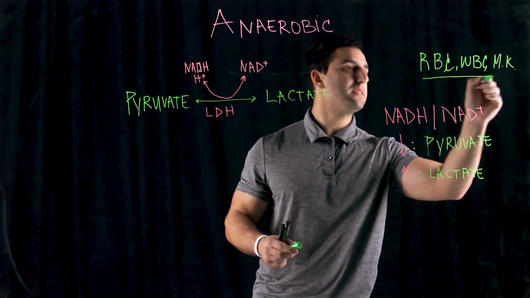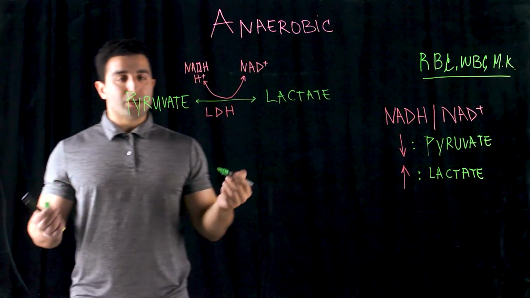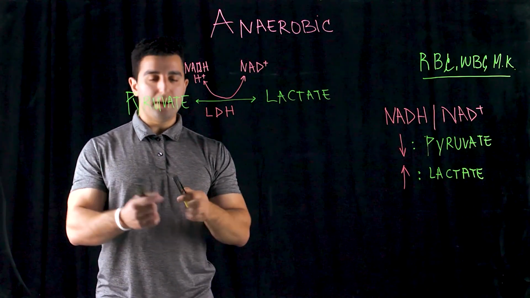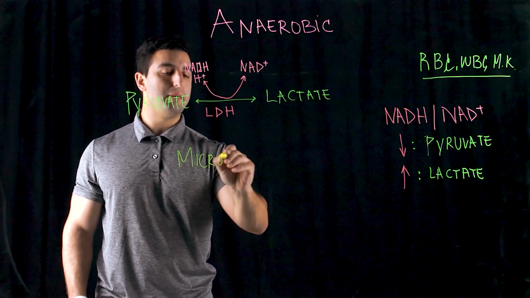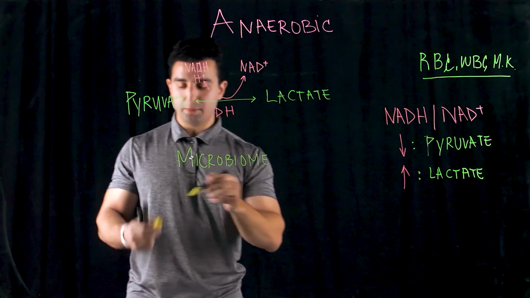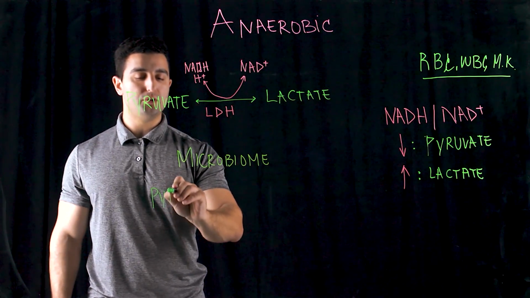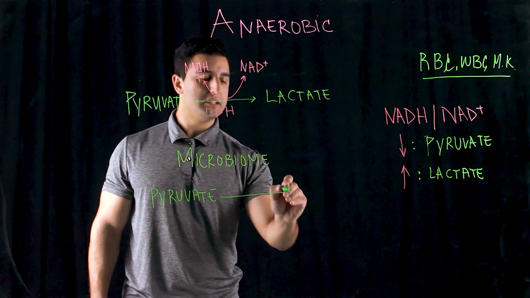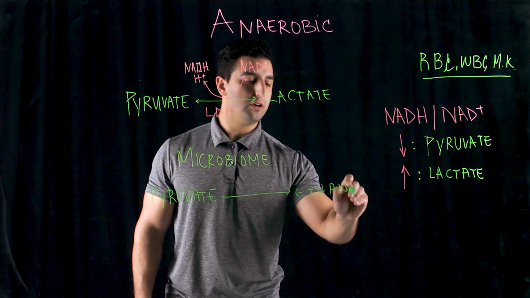You see it in specific cells, like red blood cells and white blood cells. What else? It's really prevalent in the gut microbiome, where there is a high presence of bacteria. What's unique about the microbiome is that rather than pyruvate being converted to lactate, pyruvate gets converted to ethanol, another type of alcohol.